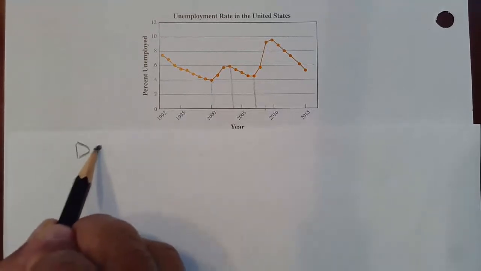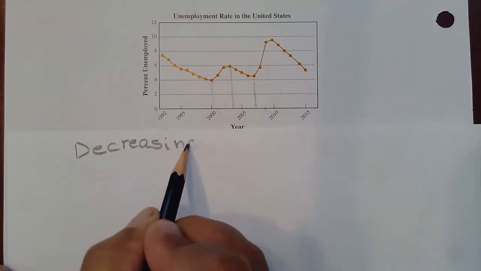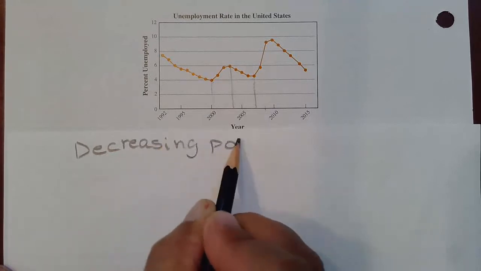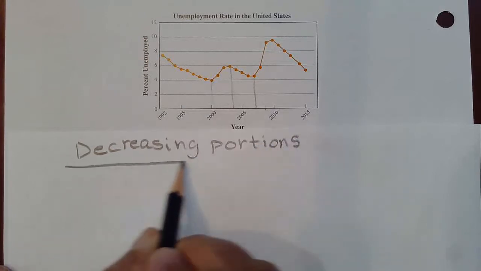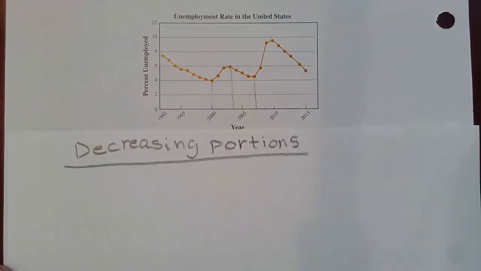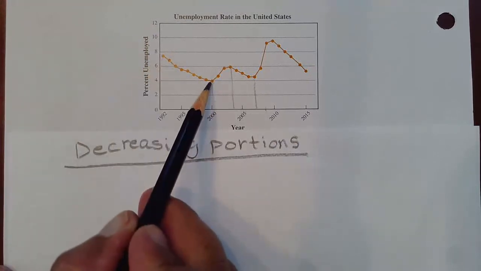So if you were going to say, where are the decreasing portions? When you get into more upper level mathematics, instead of the word portions, they'll call them intervals. Where are the decreasing intervals? So from here to here, you're dropping.